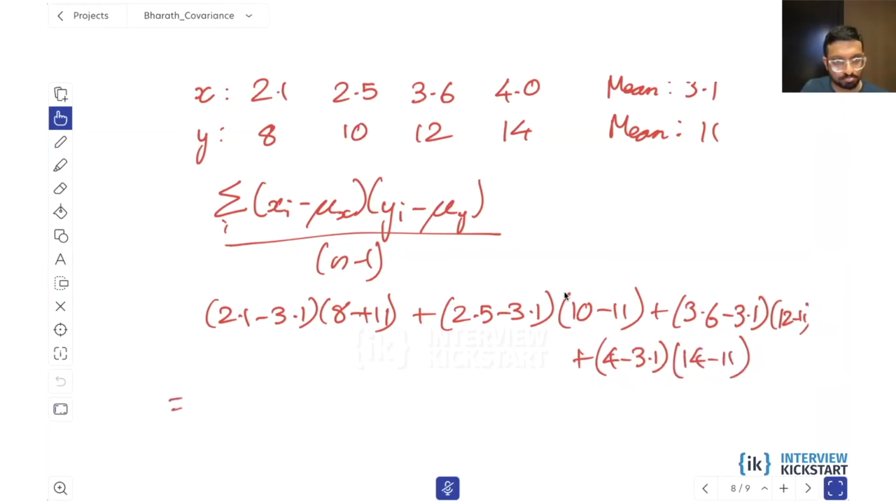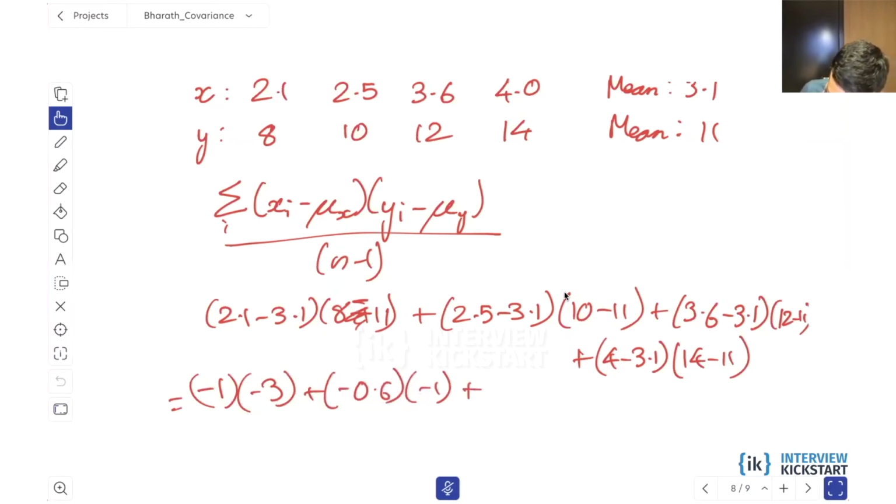We can calculate these. So this would be minus 1 into minus 3, plus minus 0.6 into minus 1, plus 0.5 into 1, plus 0.9 into 3.